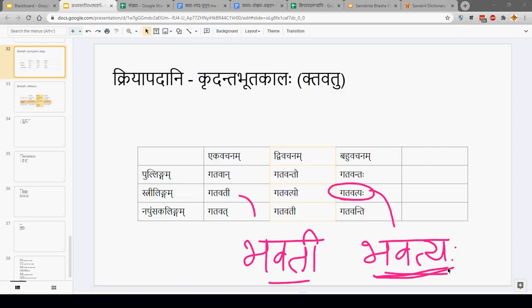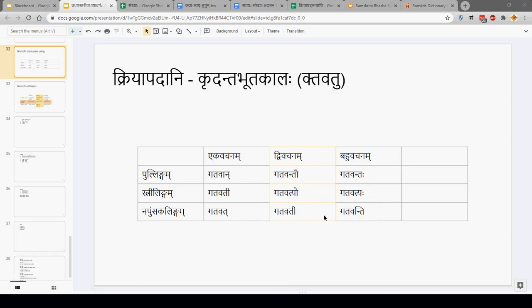So Bhavatyaha, Gatavatyaha. The Napusakalinga form is also shown here, like I gave the example, Parnam Patitavat. And if there are many, Parnani Patitavanti. So this is short E. Note that these forms are similar to Dvivachanam, but right now we are not studying Dvivachanam.